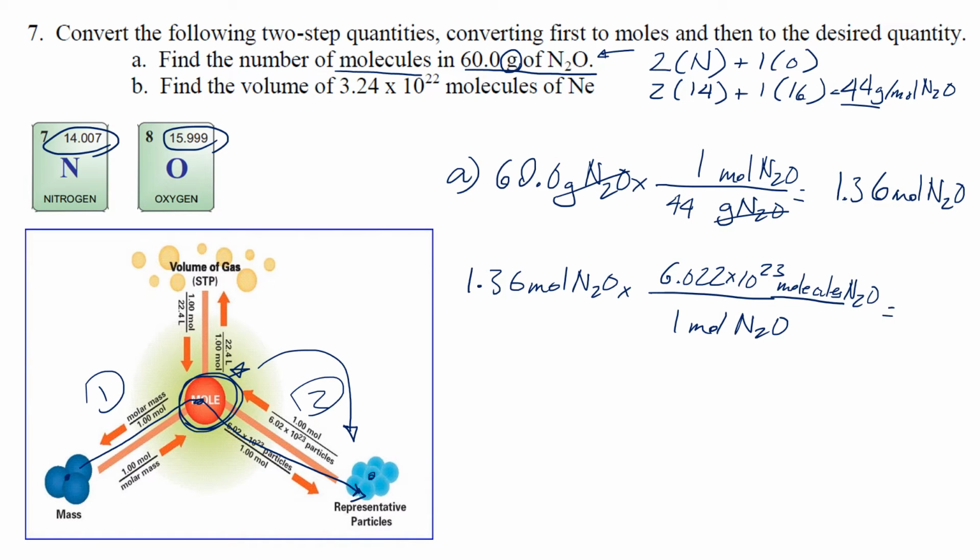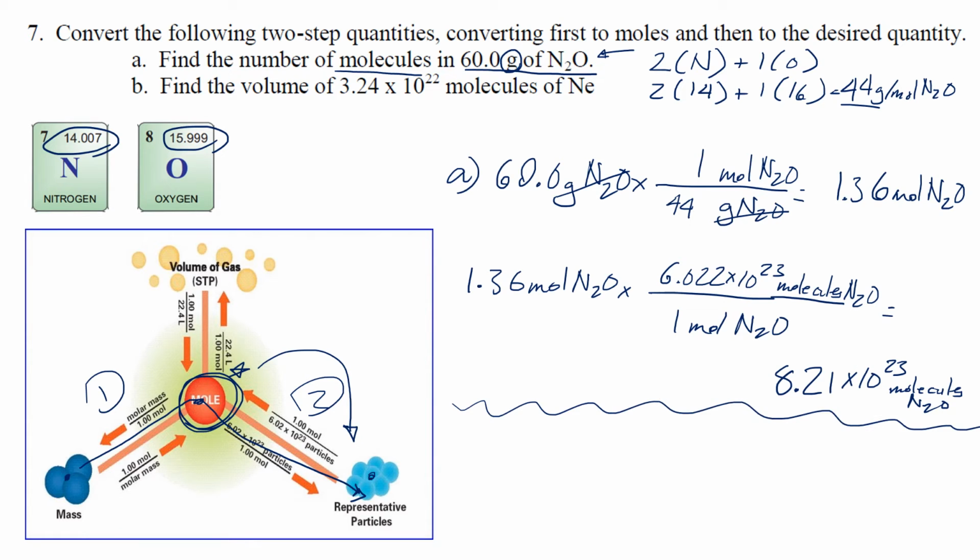So let's multiply across, times parentheses 6.022 times 10 to the 23rd, close parentheses, and I get 8.21 times 10 to the 23rd molecules of N2O.